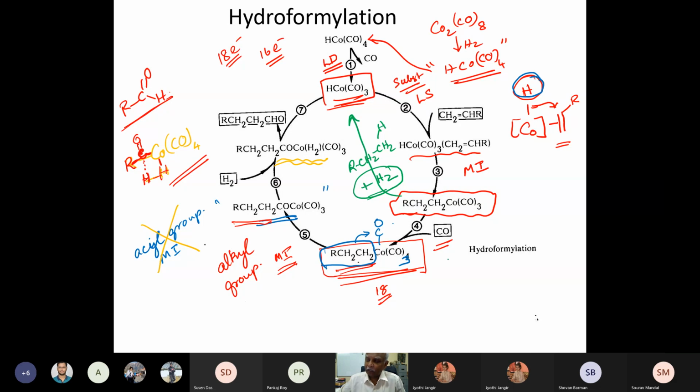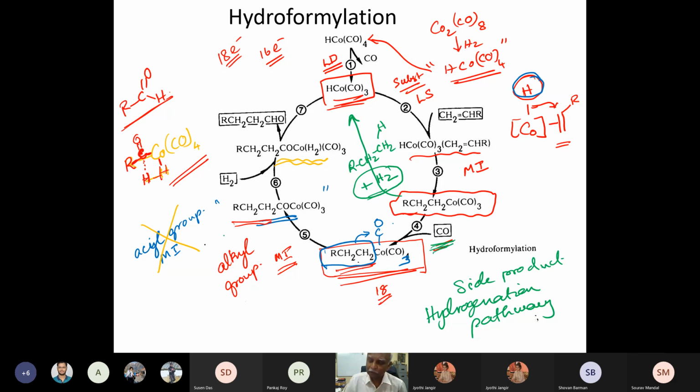So this would just be a hydrogenation step. Side product. We don't want to do that now. We actually want hydroformylation, and hydroformylation can be handled only if the carbon monoxide reacts faster than the hydrogen.